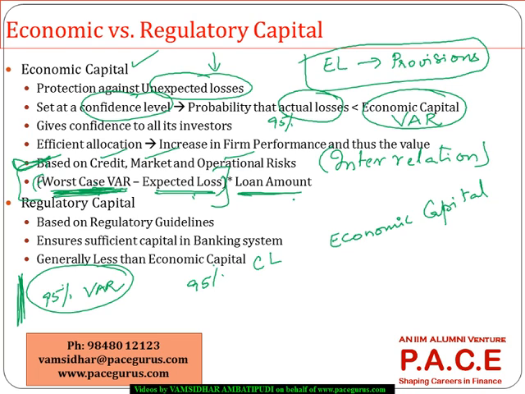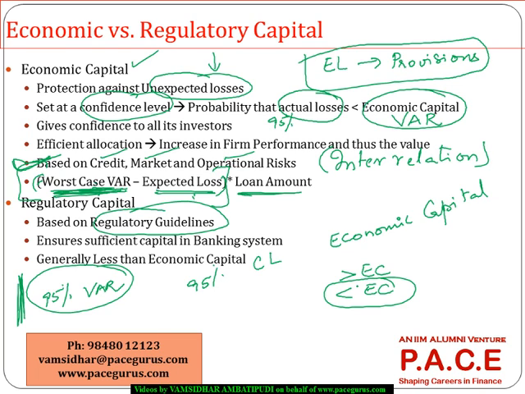When I talk about regulatory capital, I have to appreciate that it is purely based on regulatory guidelines. In some cases it may be more than the economic capital, and in some cases it may be less. To a large extent we see that it will be less than the economic capital itself, which means the firms don't need to do anything excess to manage that regulatory capital, because they will anyhow go up to the extent of economic capital.